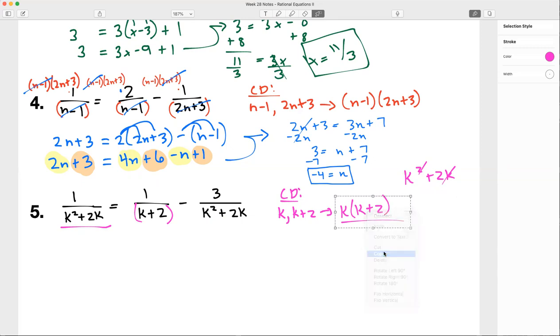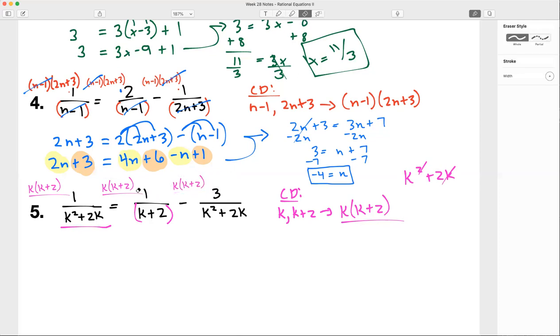I'm also going to copy this, and then I'm going to paste it up here, and I'm going to multiply it by the top of each one of these terms. Just like this. Okay. Get rid of this little bar here. It's unnecessary. Times 1, times 1, times 3.